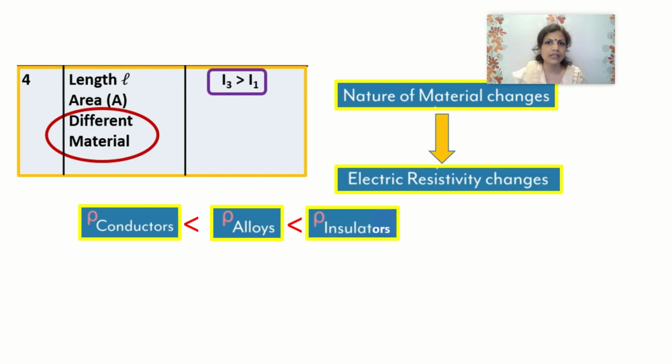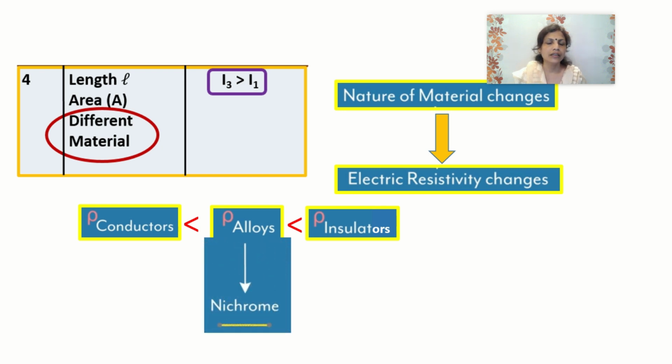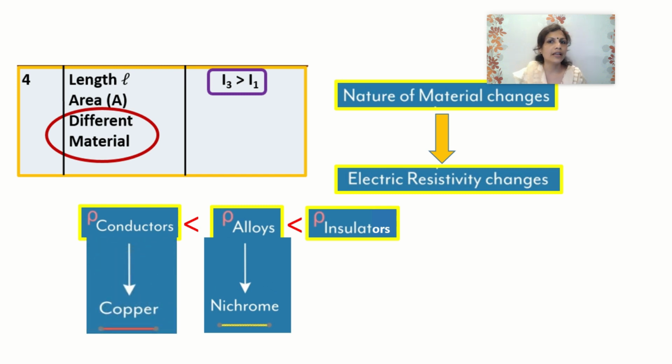Now nichrome is an alloy and copper is a conductor. So copper has the least resistance, nichrome has resistance which is more than copper, and insulators have the highest resistance, and therefore through insulators current cannot pass. With this, let's now find the SI unit of resistivity.